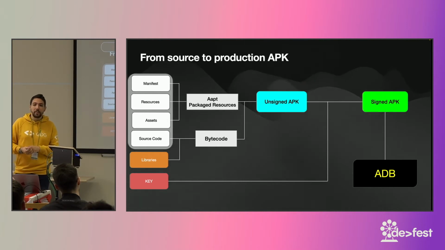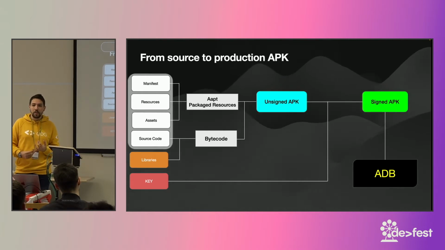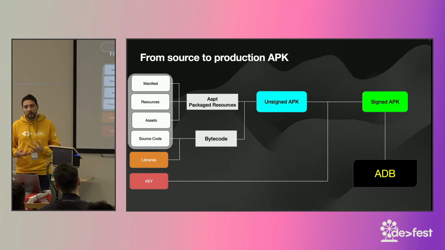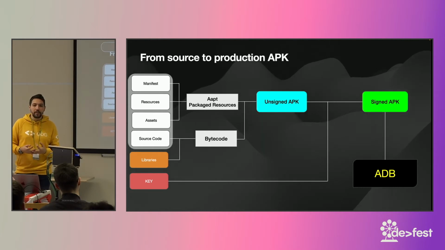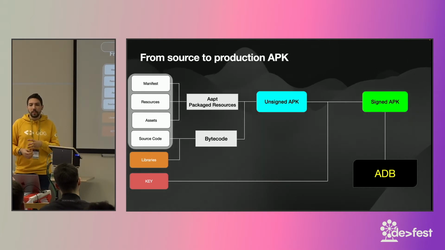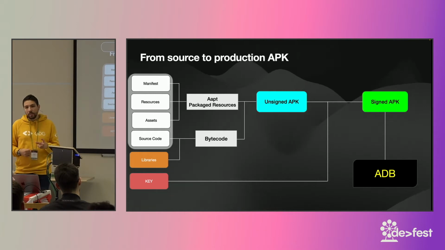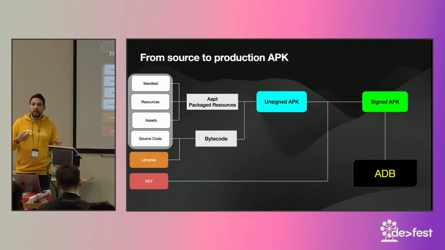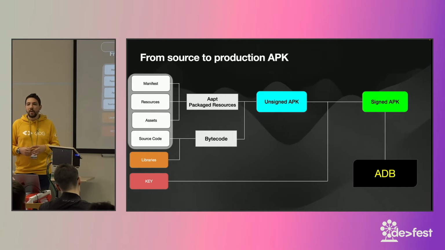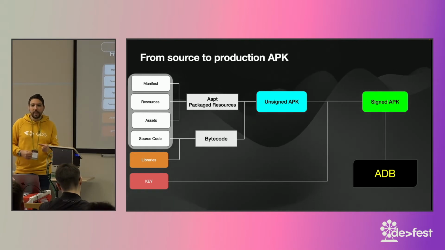These three things are packaged into the AAPT or packaged bundle. Then all of the source code of the project is taken. So our source code, the source code of any extra modules or any third-party libraries is all taken and bundled together into the bytecode. And then the bytecode and the packaged resources are bundled together again to create the unsigned APK.